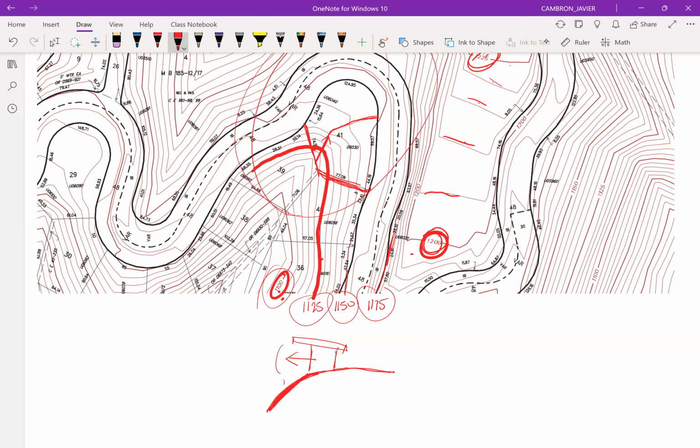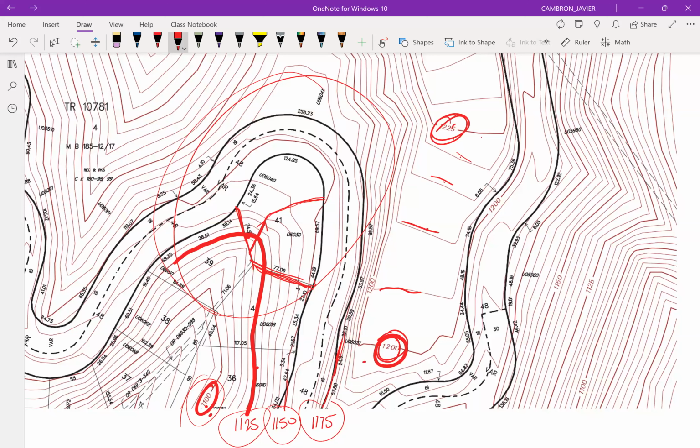So I probably can't build here, or I'd have to kind of excavate, flatten it out, right? But that's kind of the information that I get over here. And that's simply by reading the distance and seeing the spacing between these lines and noticing how they get farther and farther apart.